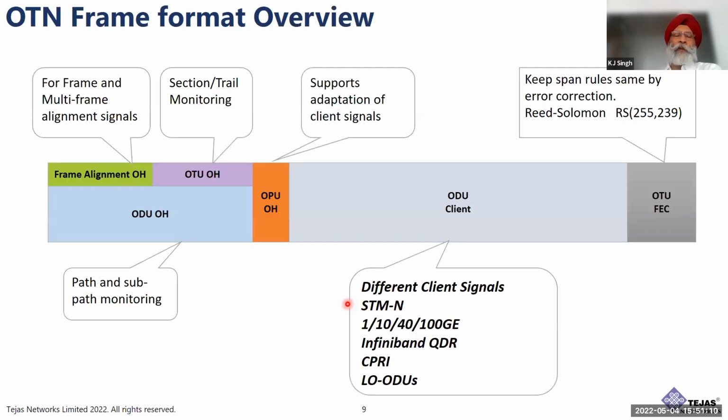The different parts of the frame we had talked about. It all starts with the frame alignment, right? So you cannot have a framing structure where you don't know where the bit stream starts, right? So the frame alignment structure is what tells one OTN frame from another OTN frame.